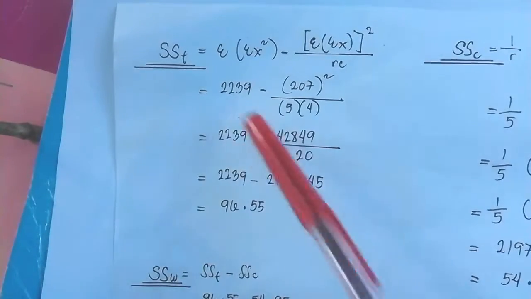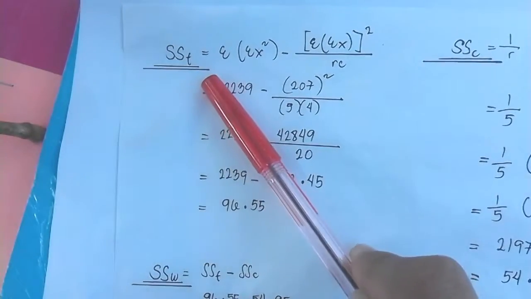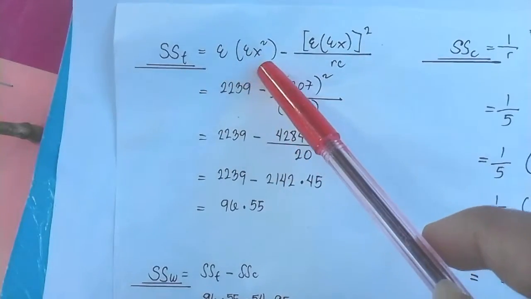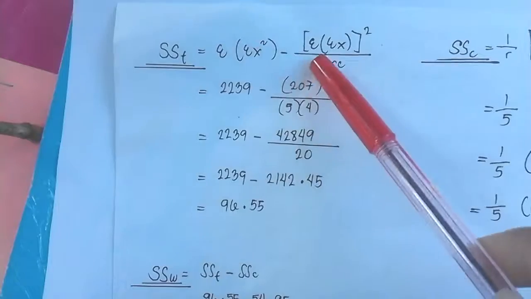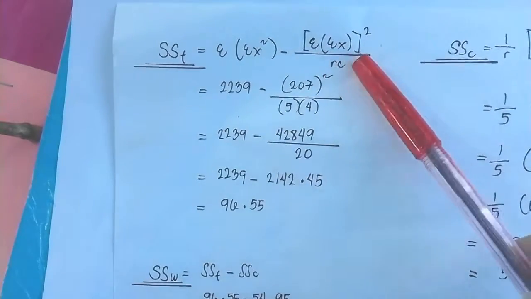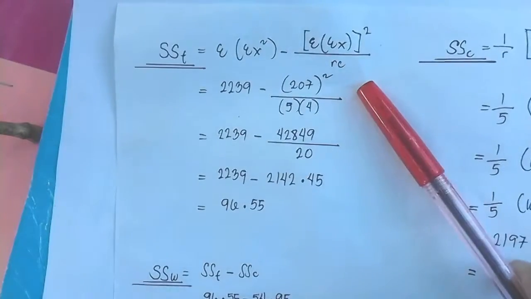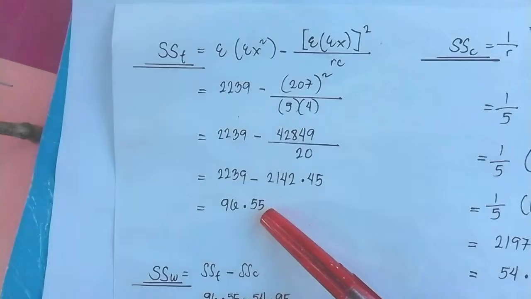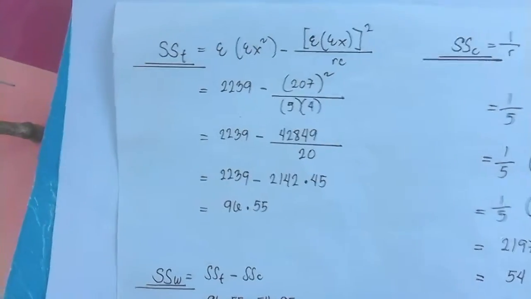Next, compute for the SS sub t. In getting the SS sub t equals summation x squared minus the squared of the summation x divided by RC, and then substitute. Then the answer is 96.55.